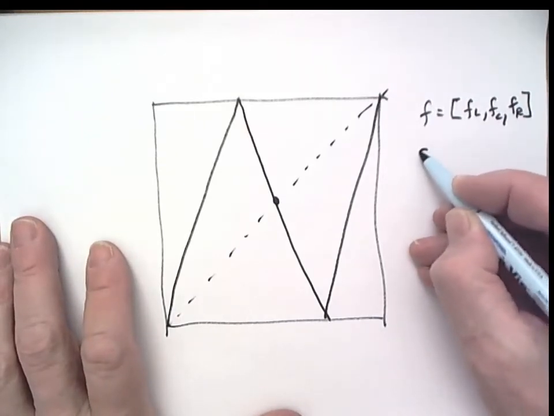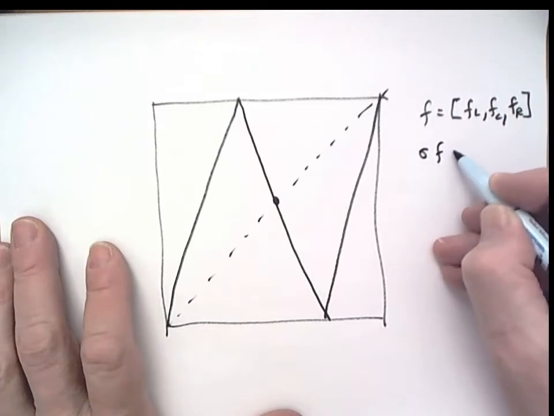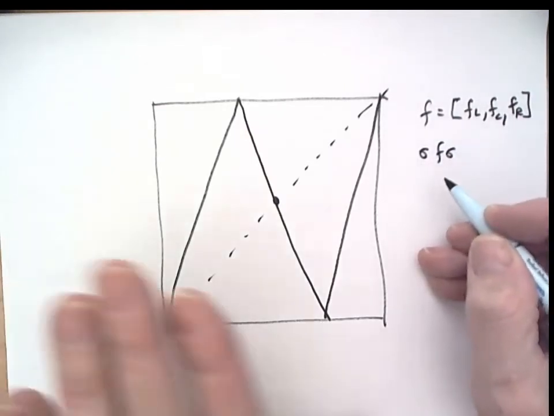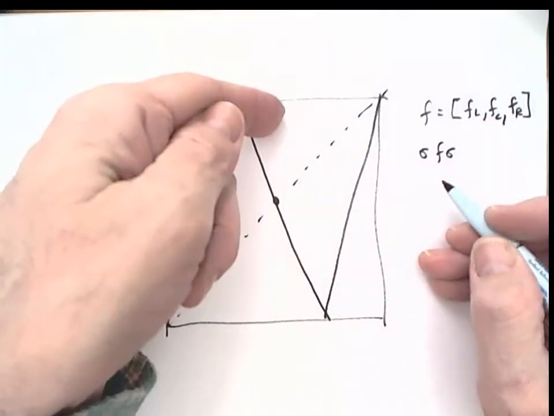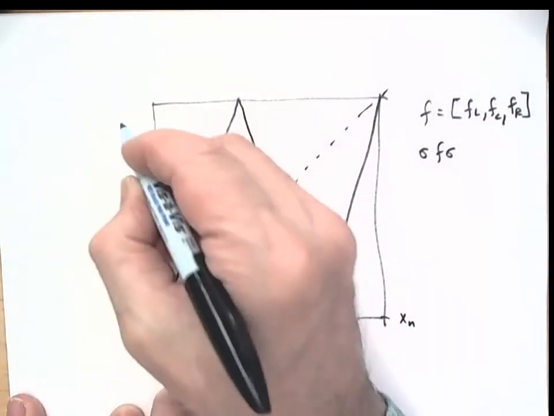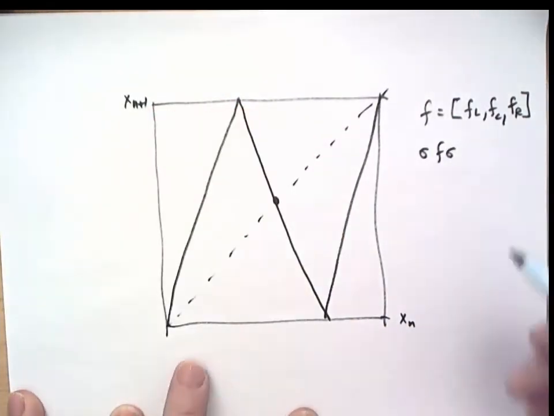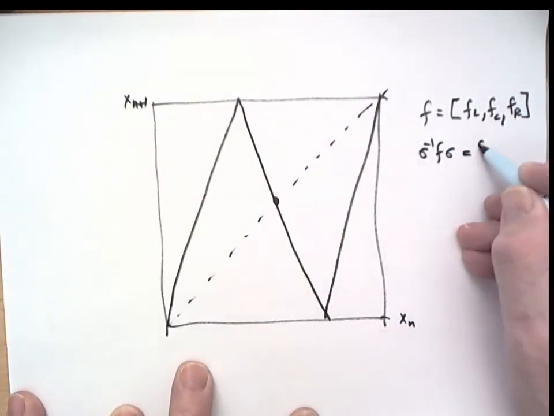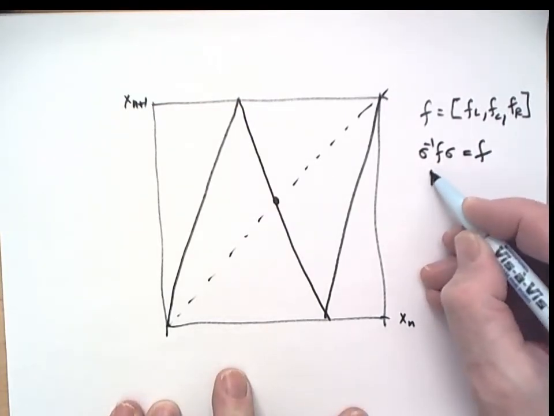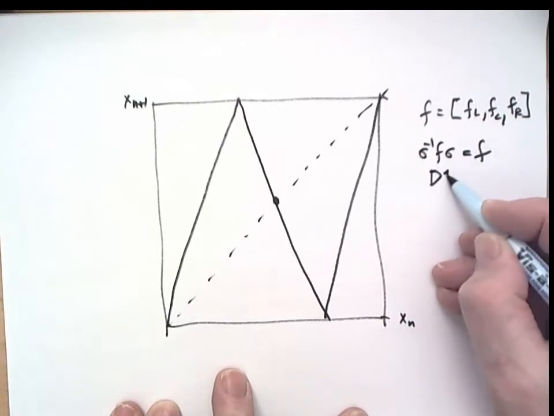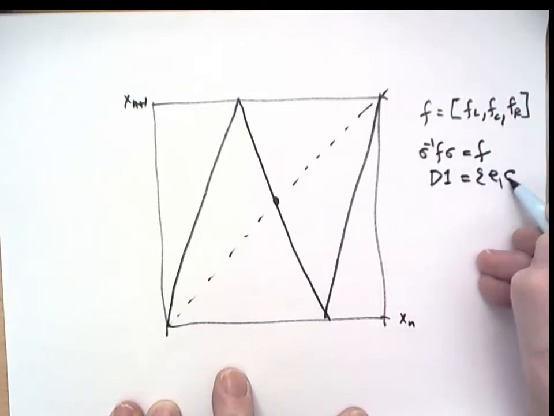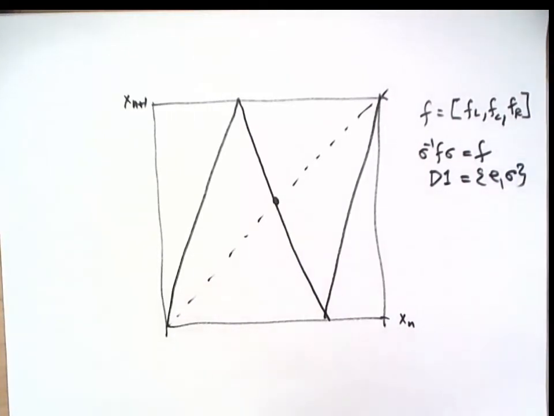It acts differently on the three intervals. And this map is invariant because if I flip it on the x-axis, apply the map, and then apply the inverse, which in this case, sigma itself is the inverse, I get the map itself. So that's an example of dihedral group 1 symmetry of dynamics.